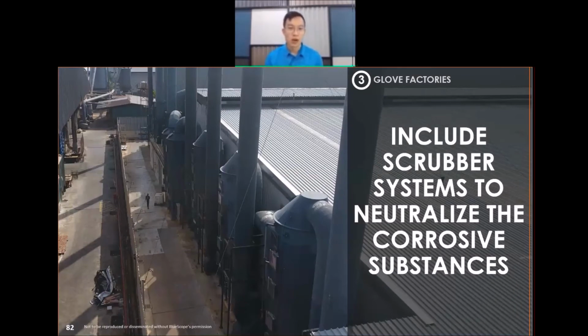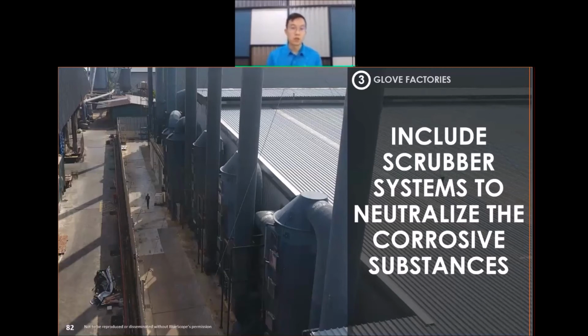Okay, so all in all, for glove factories, the chlorine concentration in the building is very high, where our recommendation or what we observe will be to introduce a mechanical exhaust systems that carry it into a scrubbing system to neutralize this corrosive effect.